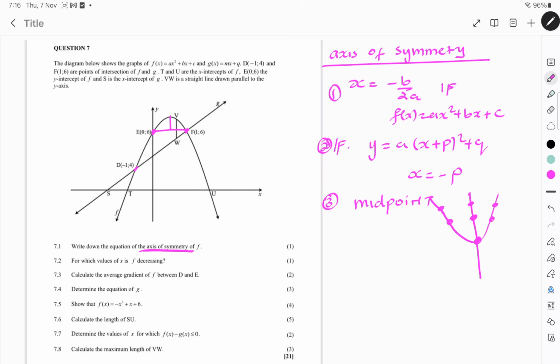What is the midpoint of that line? That will be the axis of symmetry because it cuts that into 2 equal parts, because this point and this point are symmetrical, if you can put it that way. So in the midpoint situation, x1 plus x2 divided by 2 will give me the axis of symmetry.